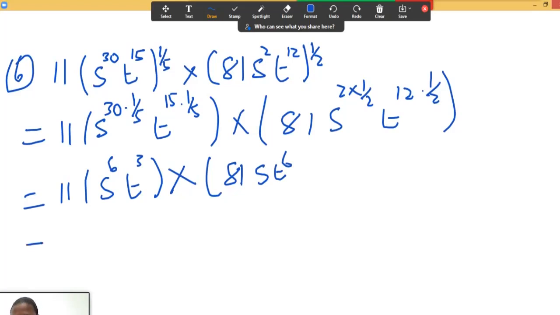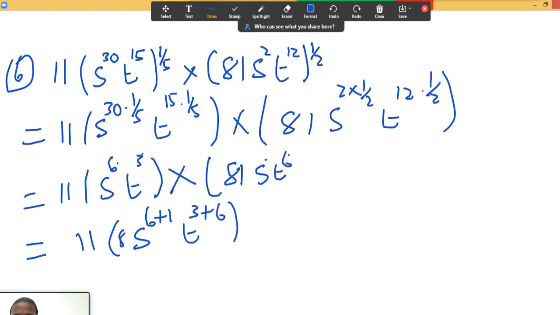Okay, so this is nothing but equal to 11 into s to the power 6 plus 1, because we have 1 here and we have 6 here, then we have 3, we have 6, so we'll have t to the power 3 plus 6.